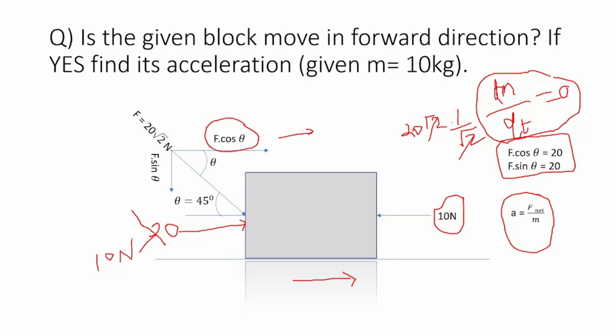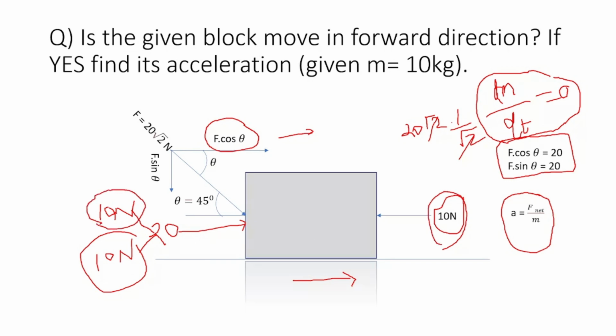The sum of 10 Newton and 10 Newton is equal to 20. So I break down this 20 Newton into 10 Newton and 10 Newton. So here we can say this 10 Newton force balances this 10 Newton force, and an extra 10 Newton force is available.